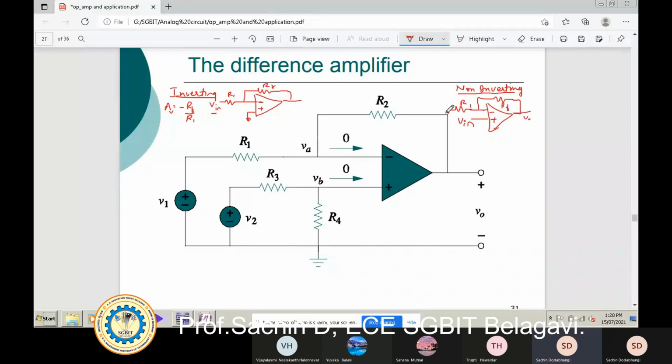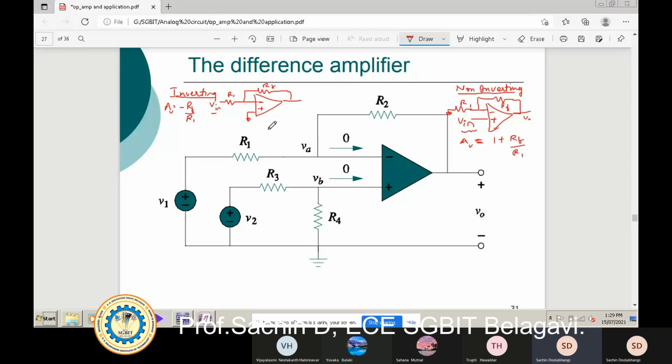You can see the change. The input is applied to the non-inverting terminal. The voltage gain for the non-inverting amplifier is 1 plus RF divided by R1.